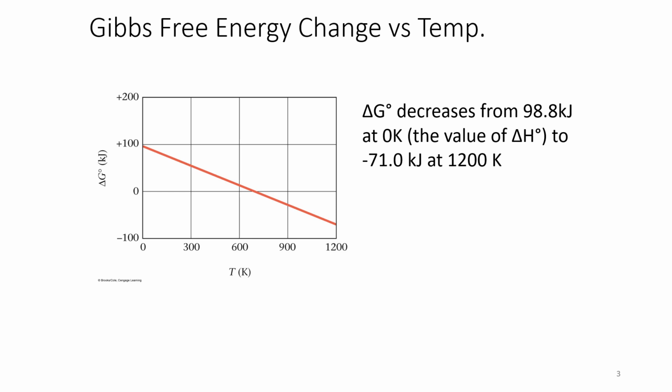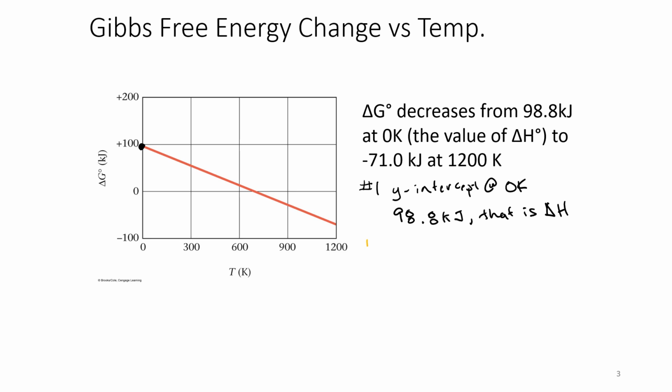Our first piece of information, number 1, is the y-intercept at 0 Kelvin, right there, that black dot. That is at 98.8 kilojoules, and that is our delta H.